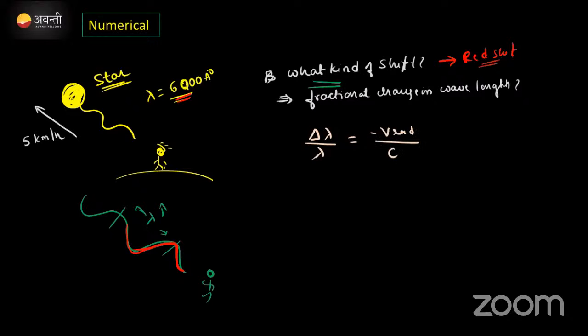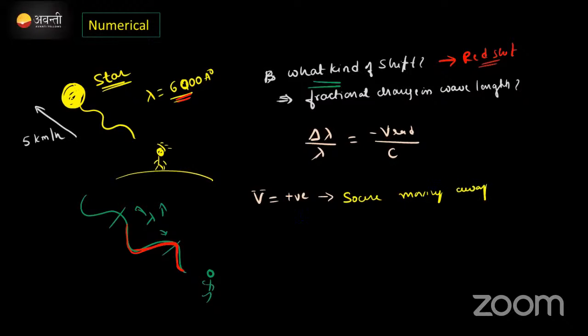Guys, look here, I'll tell you a simple way. If the object is moving away from you, take v as positive. When the source is moving away, take v as positive.